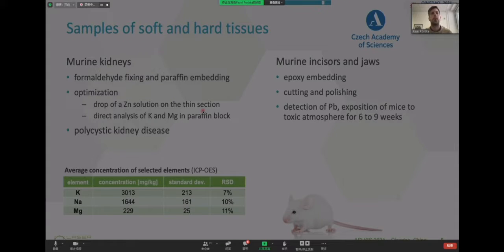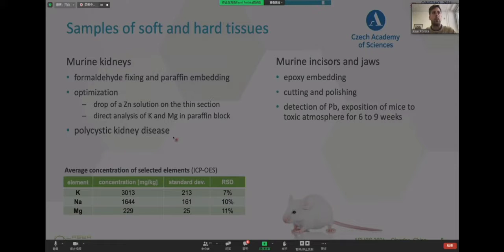So we tried to do that. This is quite an issue for LIBS, because LIBS is still a really destructive method from the point of view of biology and soft tissues. The amount of ablated mass is really large, and those thin sections are not sufficient. So we also moved to paraffin block analysis for potassium and magnesium.